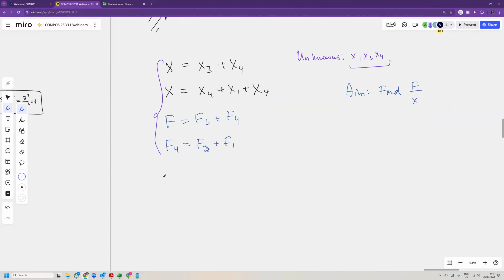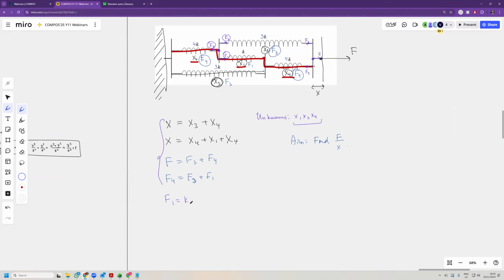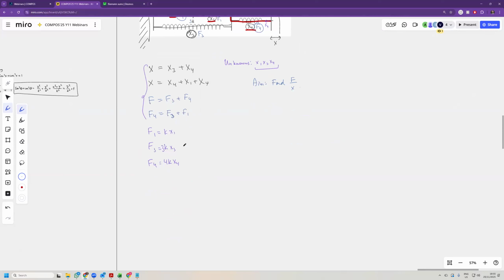Cool. But we know that F1 is kx1, F3 is 3kx3, and F4 is 4kx4. Sorry, I forgot to mention that. Of course we'll substitute those in.